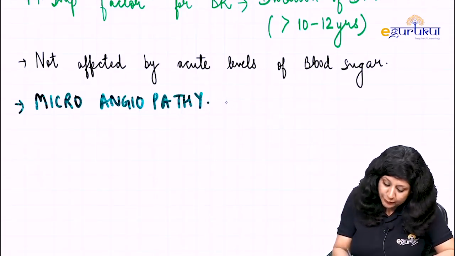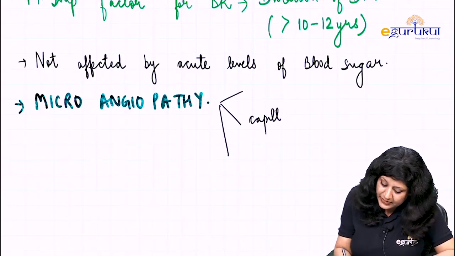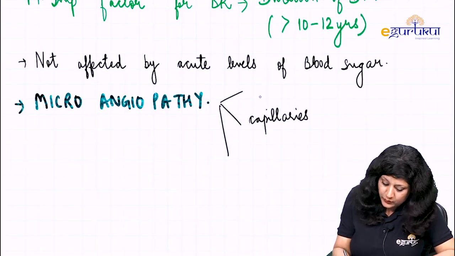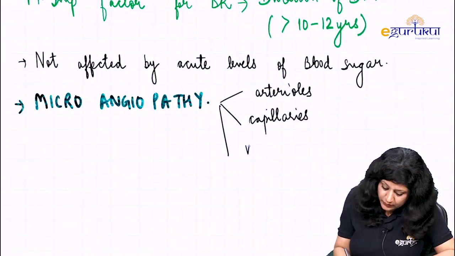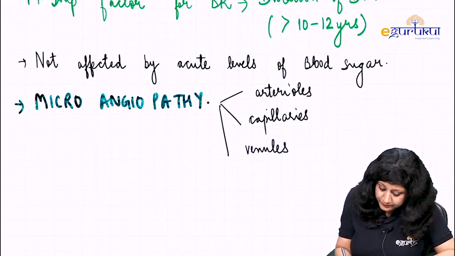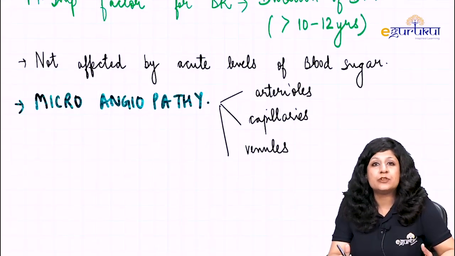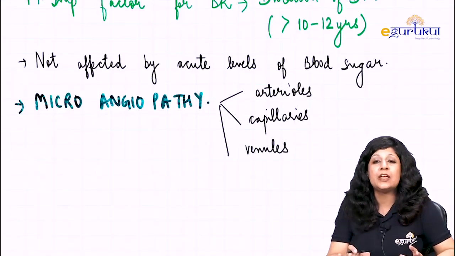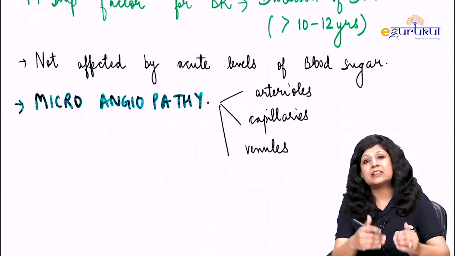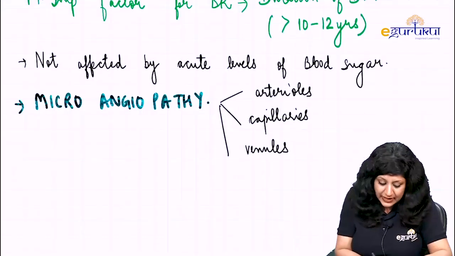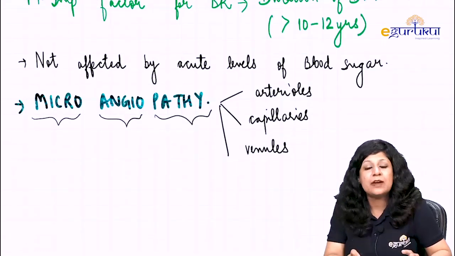So, this will be affecting the smaller blood vessels: the capillaries along with the arterioles and the venules form the majority of the blood vessels attacked by diabetic retinopathy, and this is again an important fact because it is a microangiopathy, meaning it affects the smaller blood vessels.